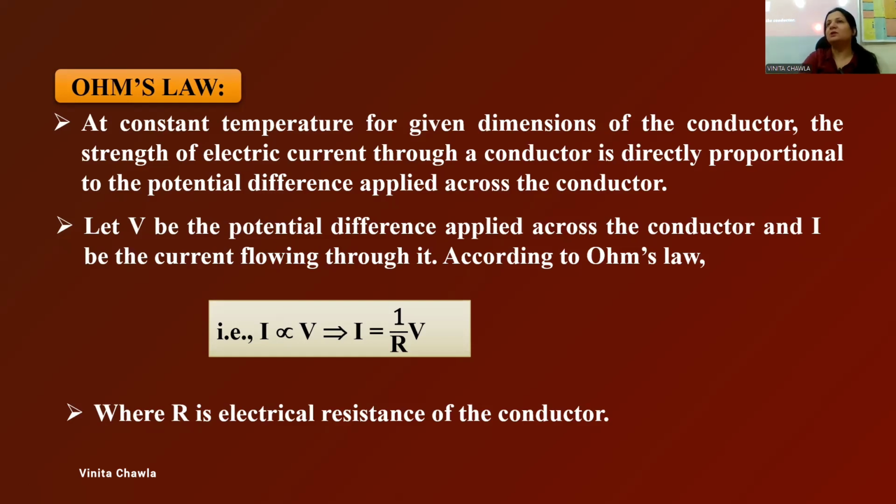They drift towards the positive terminal, and there are some atoms or ions present in the conductor, and electrons collide with those atoms and ions, है ना, which are मतलब obstructing the flow of electrons. Those atoms and ions are colliding with the electrons and उनको allow नहीं कर रहे हैं, वो move नहीं करने दे रहे हैं, so they are obstructing the flow of electrons. और क्या कर रहे हैं, वो resist कर रहे हैं, they are resisting the flow of electrons.